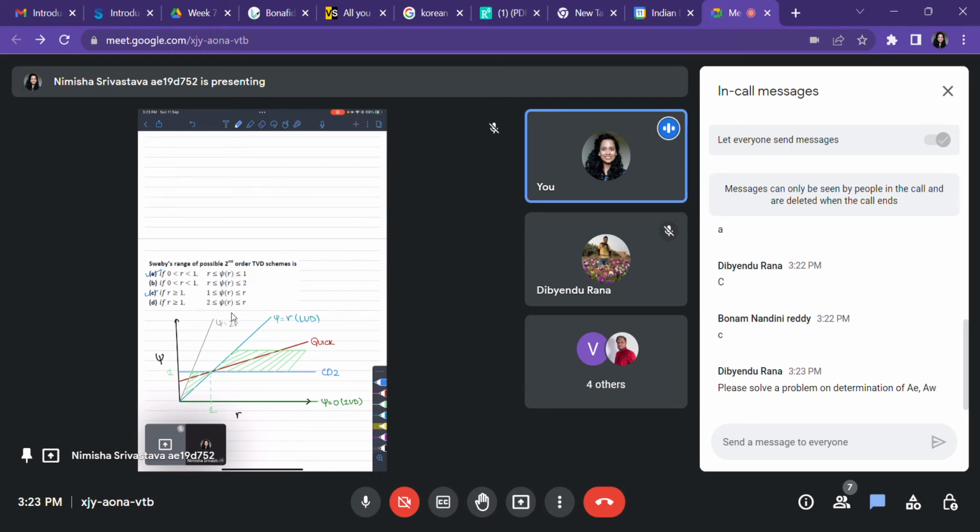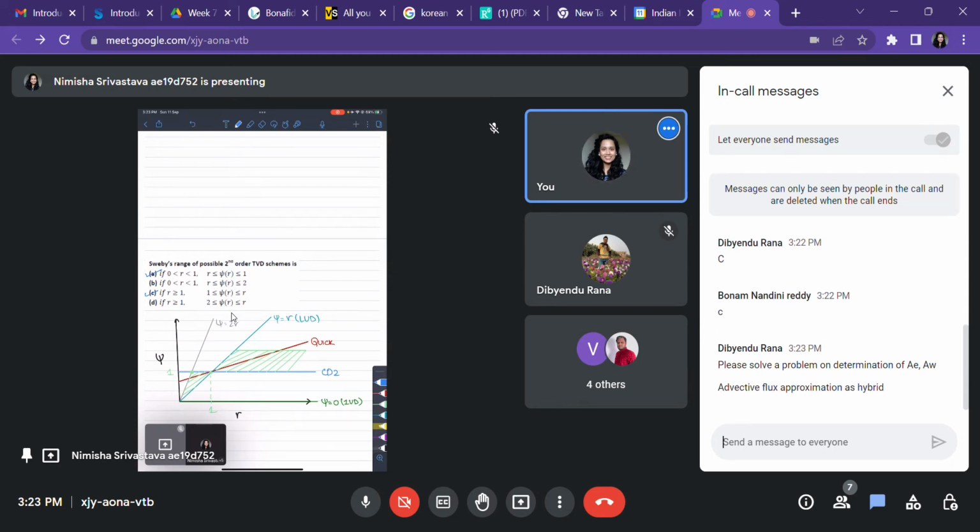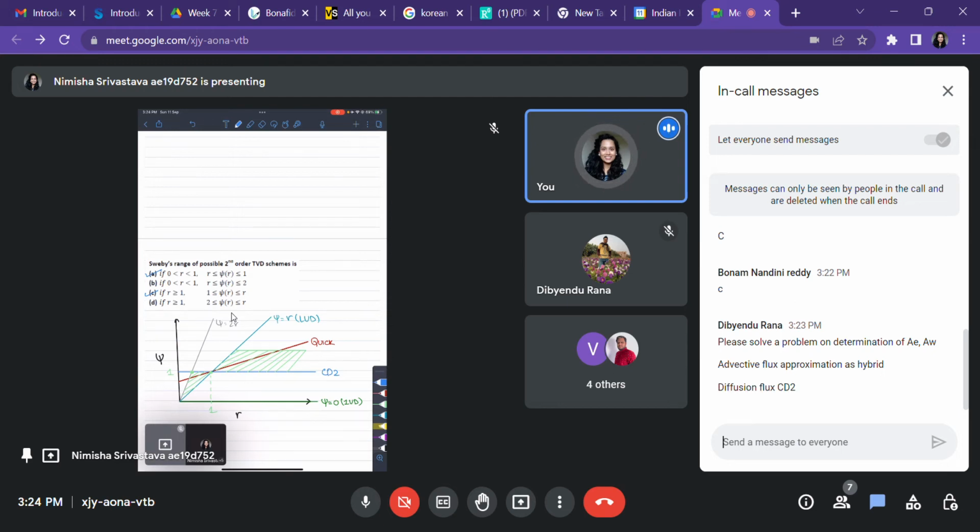I don't have such a problem over here, actually, Priyandu. And I'm not sure whether I have seen that material right now. I had a very limited set of material to cover today. Let me see if I can find the advective flux approximation as hybrid. Okay, just give me a minute. Let me have a look at whether I have something like that. Is this something that is given in the lectures, an example or something?